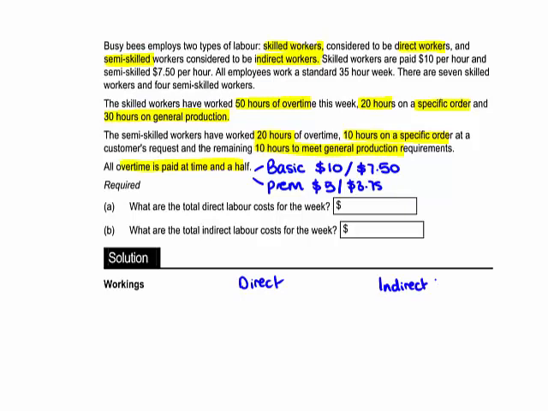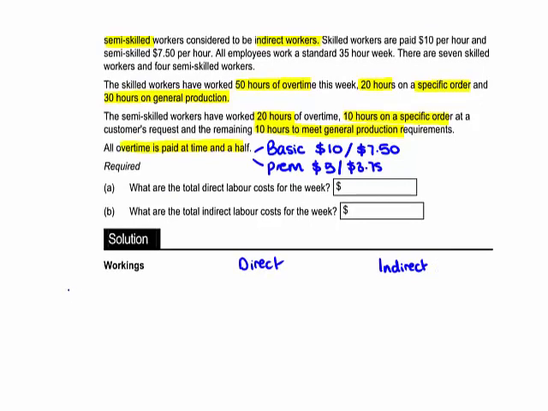Now, the basic hours that they've worked are probably the easiest to deal with. The basic hours for the skilled employees, $10 per hour, and they work 35 hours per week, and there are 7 of them. So that's $2,450.